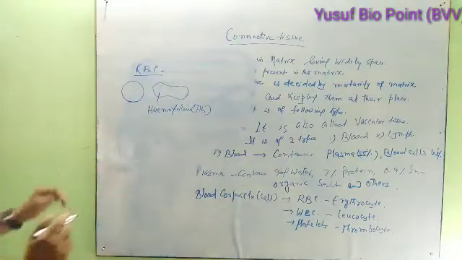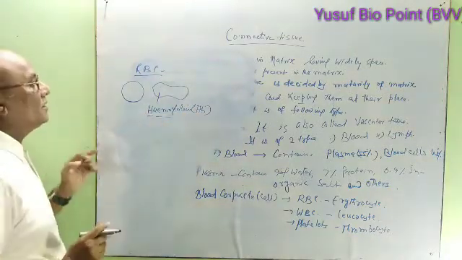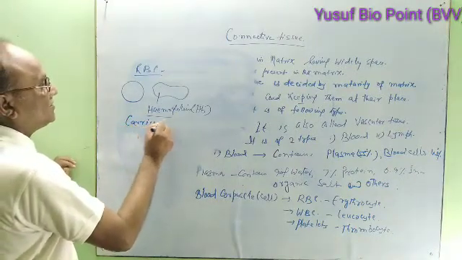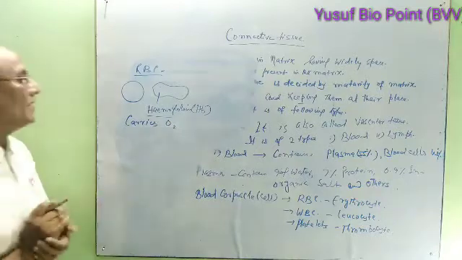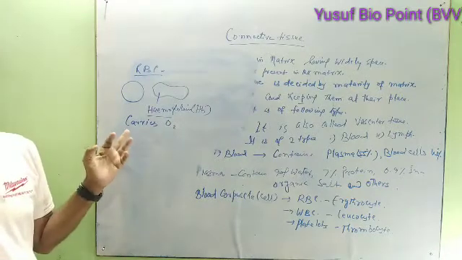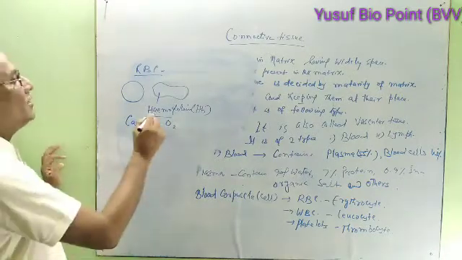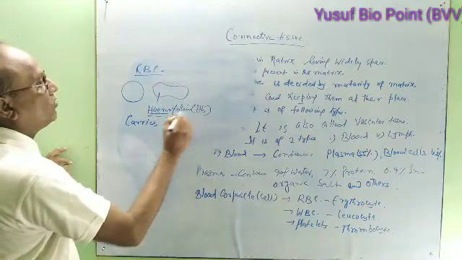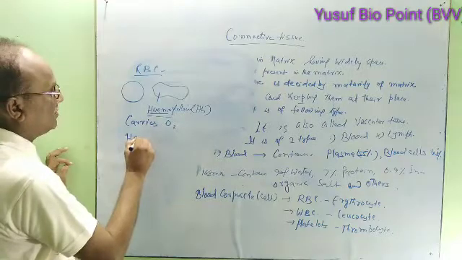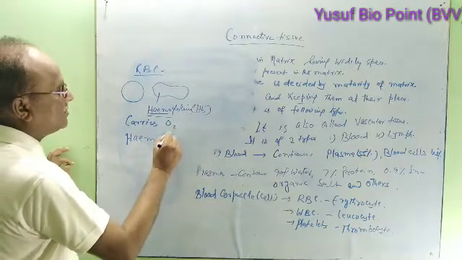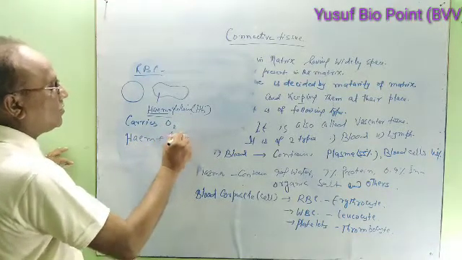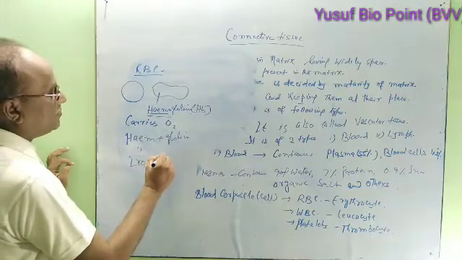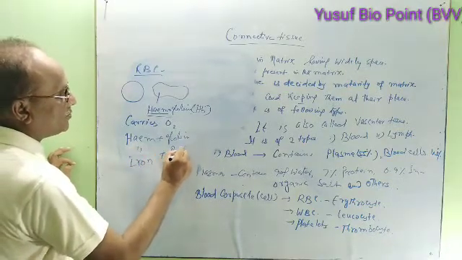It is the pigment. It carries oxygen. ये ऑक्सीजन लेके जाता है. Actually this hemoglobin means there are two words, heme and globin. Heme plus globin. Heme means iron, plus globin is a protein.